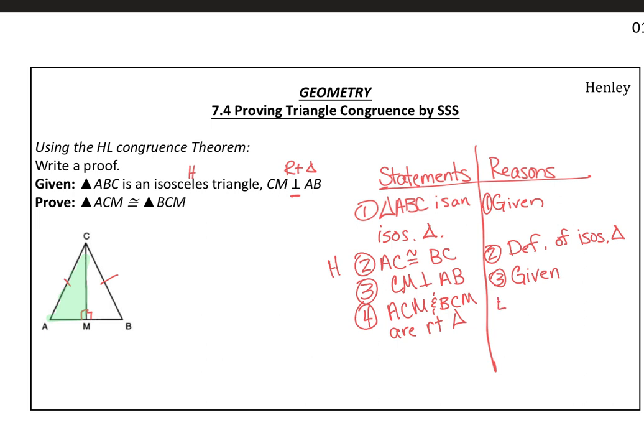And the reason that we can say that is the definition of a right triangle. That also gives us our right angle. So we've got the hypotenuse and we've got the right angle. But now we have to look for a leg. Now we have one right here, and we have that because of the reflexive property. So number 5 would be that CM is congruent to CM, and the reason for that is the reflexive property.